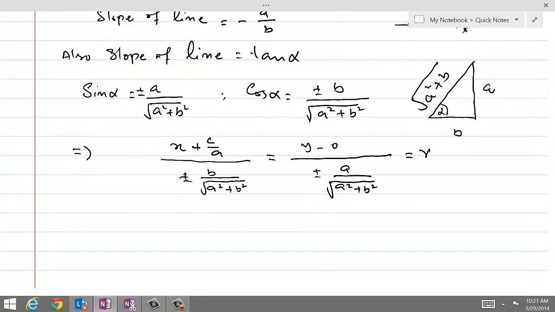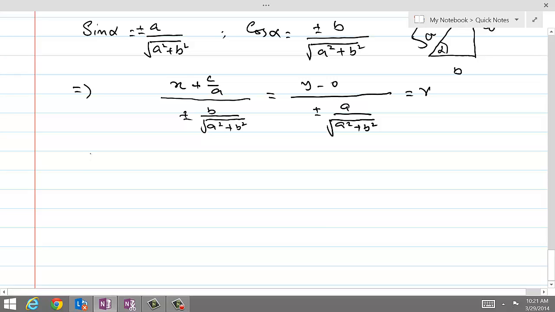This is the required equation of straight line in symmetric form.